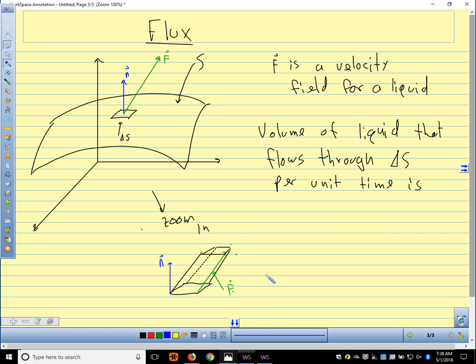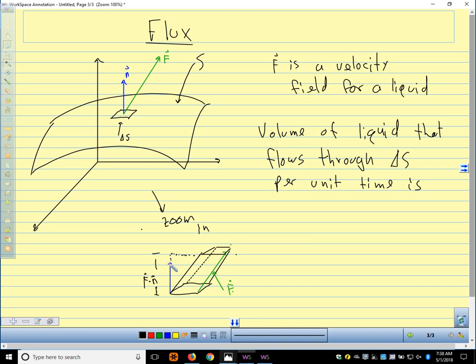All right. So the volume of this little solid, the height of this thing, this height, is f dot n, because n is a unit normal vector.